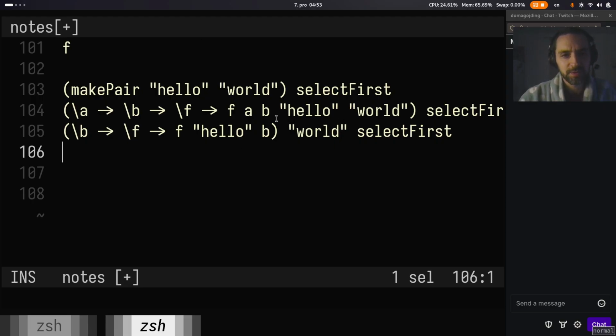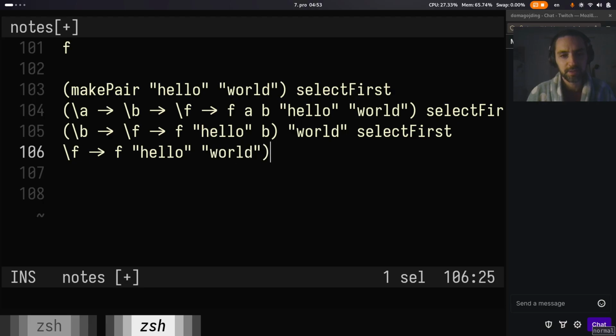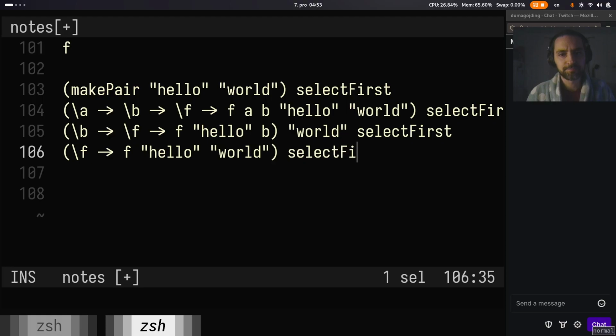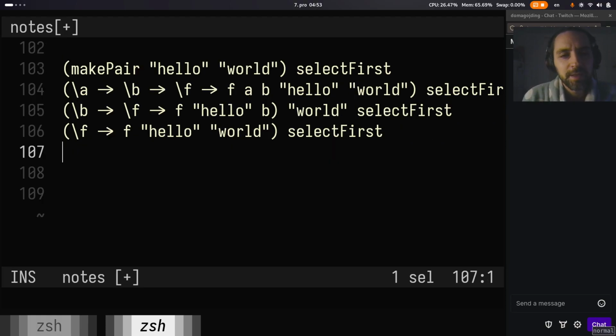The world is going to substitute the B and we remove the B head. So we are left with lambda f, f hello, and instead of the B we have world, right? Isn't this cool? And select first. So lambda f, f hello world applied to select first, and now it makes more sense, right?